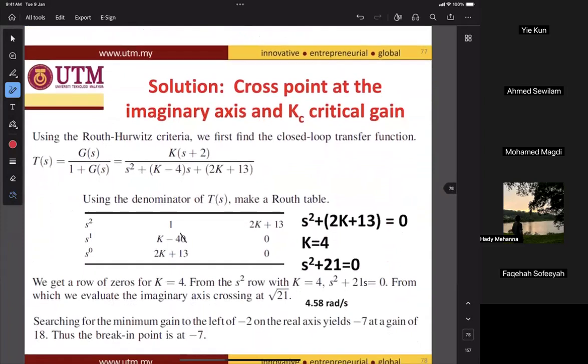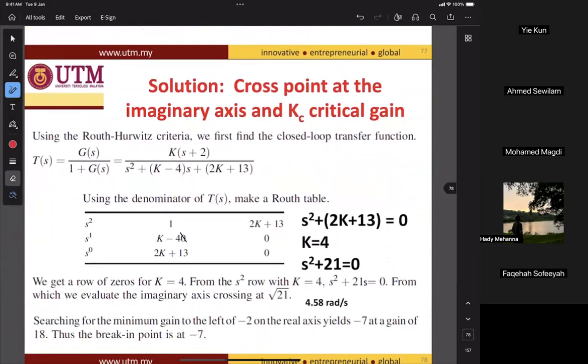Okay, guys. Without any further ado, go to the closed loop transfer function, where we insert the G(s), open loop transfer function, over 1 plus G(s). And then we get the characteristic equation, which is equal to 0.